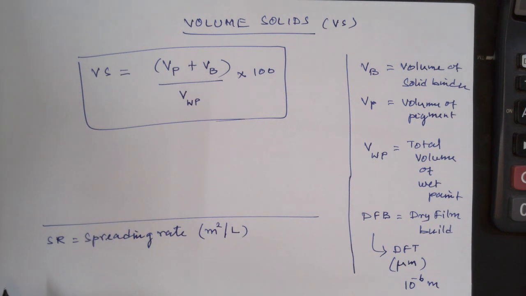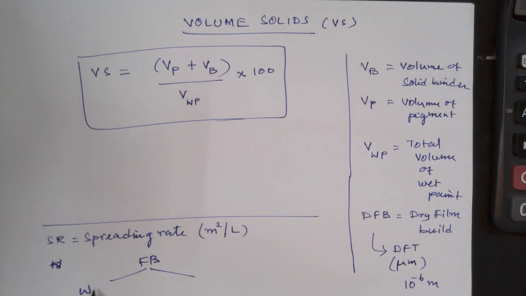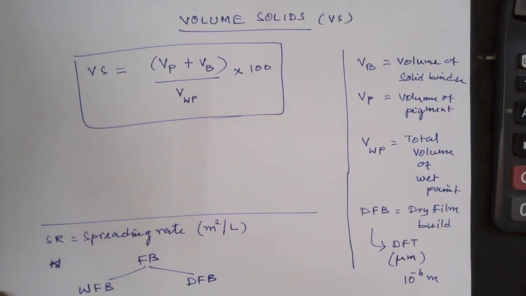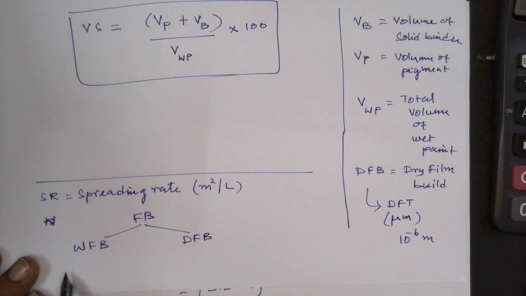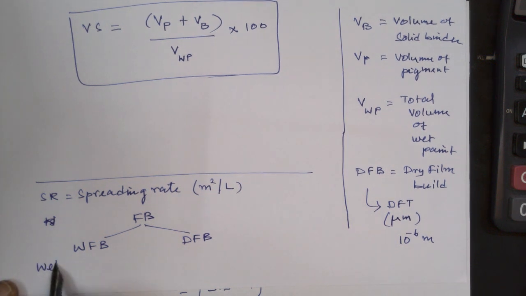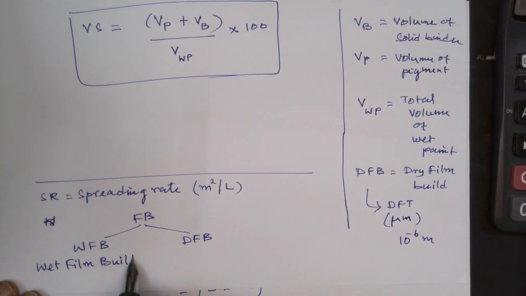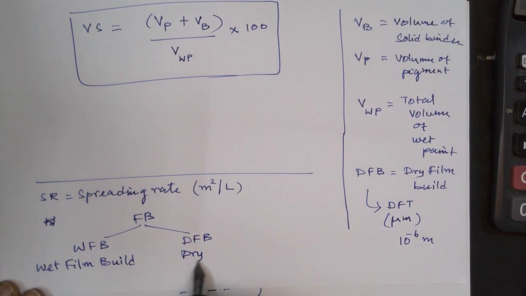And the wet film build is, there are two types of film build. You can measure the thickness of the wet film, that is WFB, and dry film after drying, that is called DFB. So WFB means wet film build, and this is dry film build.